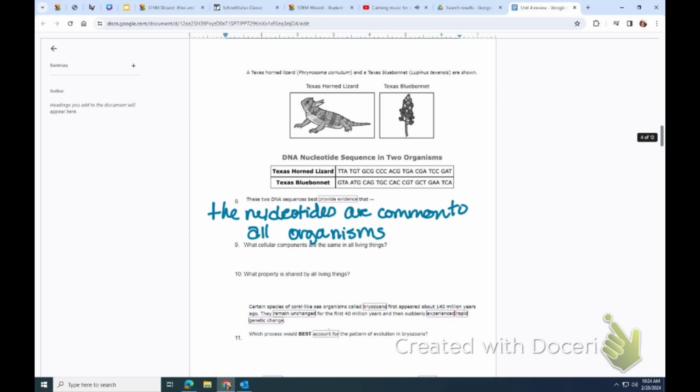Number 9. What cellular components are the same in all living things? We may have just said it. Genetic code. Say it again. Genetic code is correct. What do we call that genetic code? Yes, you're both right. What property is shared by living things?